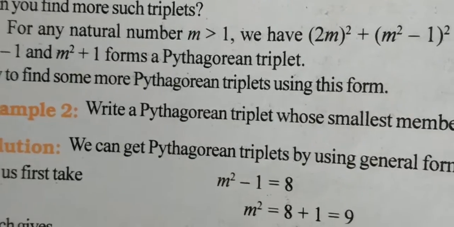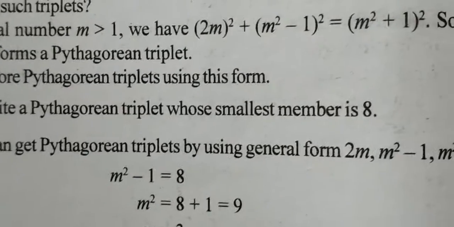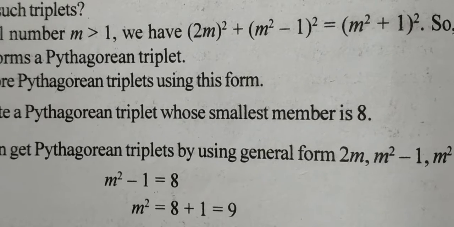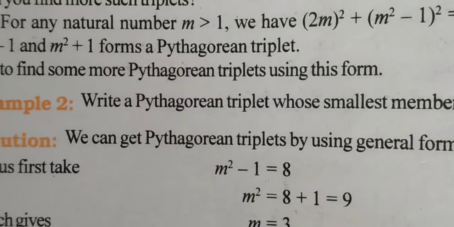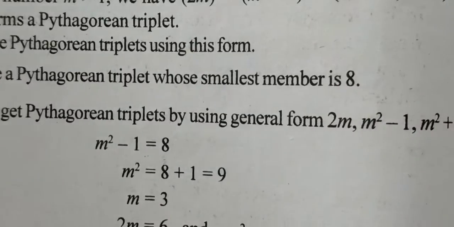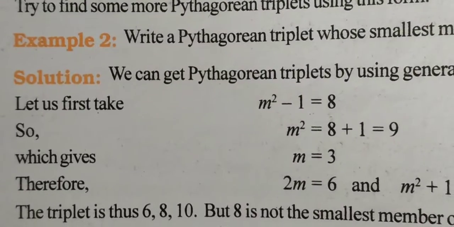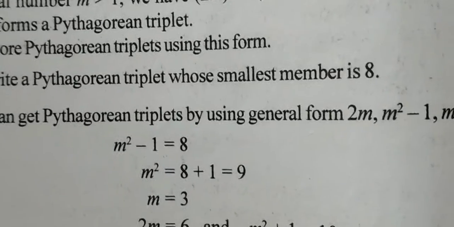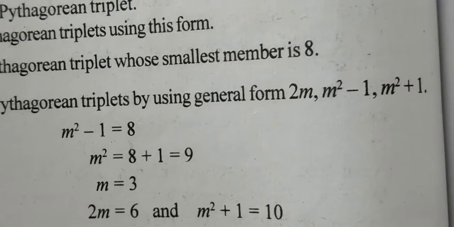Example 2: write a Pythagorean triplet whose smallest member is 8. The number 8 is given to you, and how will you calculate? Solution: we can get a Pythagorean triplet by using the general form. The general form is 2m, m square minus 1 and m square plus 1.